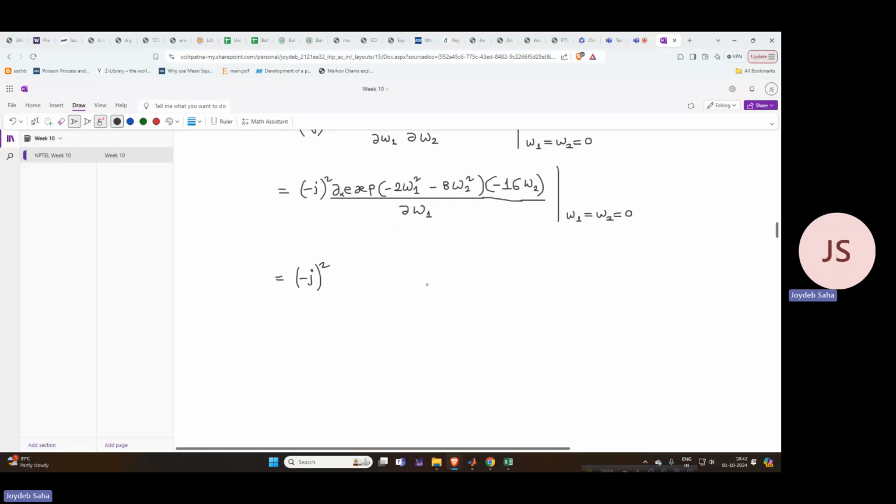Now we take the derivative with respect to omega 1.